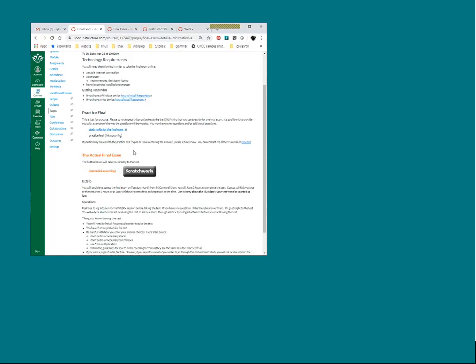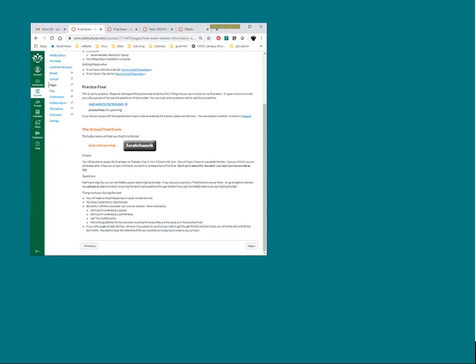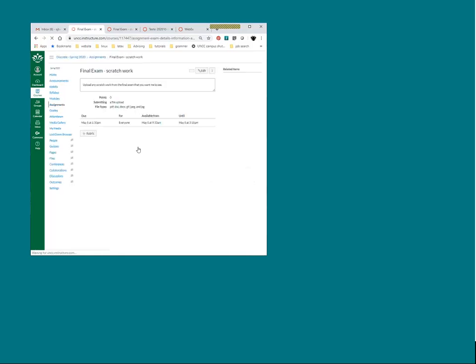What else? Oh, once we get to the point where you're actually going to take the final exam, if I need to adjust anything in terms of directions, I'll put it right here for you. This is also going to be on the final exam itself. I don't know if you'll need any scratch work, but I added an assignment right here. If you did any work on paper and you want me to see it, you can select this button and it'll take you to a separate assignment.